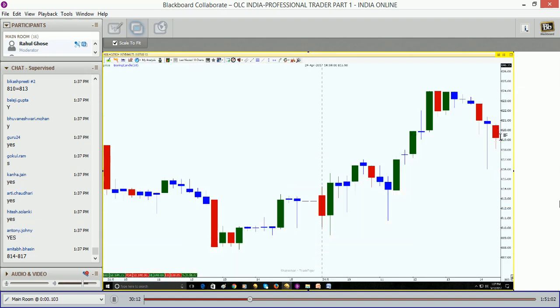If I start with my current market price, if I have to reach the base part of this candle, hear me out, friends. If I assume 820 is my current market price, from 820, if I have to reach this base candle over here, would all of you agree I have to cut through this candle to reach here?